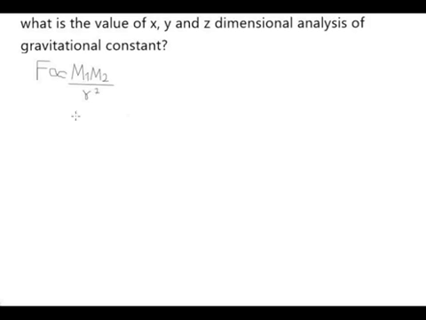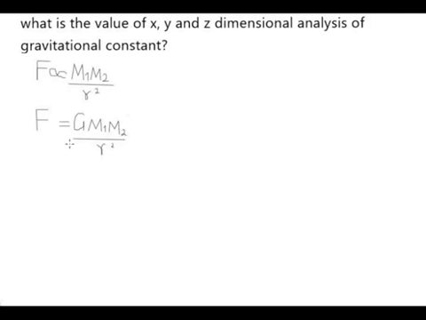In getting the gravitational constant, you can simply remove the sign of proportionality to introduce a constant. Then you have F is equal to G m1 m2 all over r squared. Like we all know, whenever you remove the sign of proportionality, you introduce a constant.